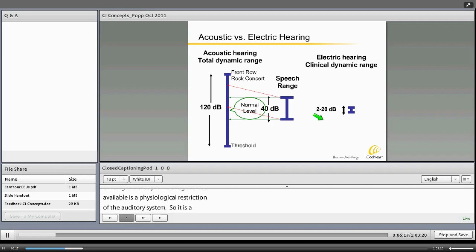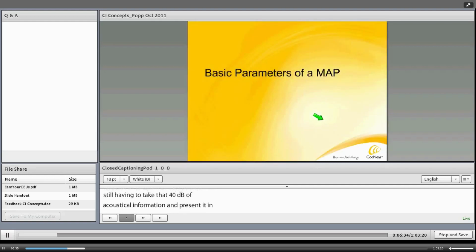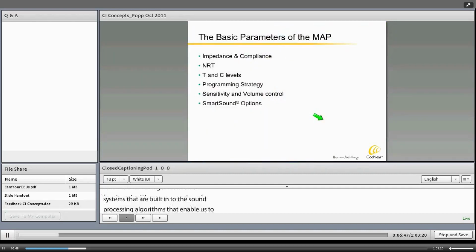It doesn't matter which sound processor someone's using or what the levels of their map are set at. We're still having to take that 40 dB of acoustical information and present it in this 2 to 20 dB range of electrical hearing. And there are a number of systems built into the sound processing algorithms that enable us to do that.